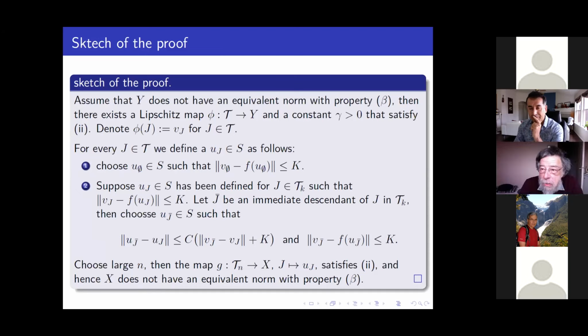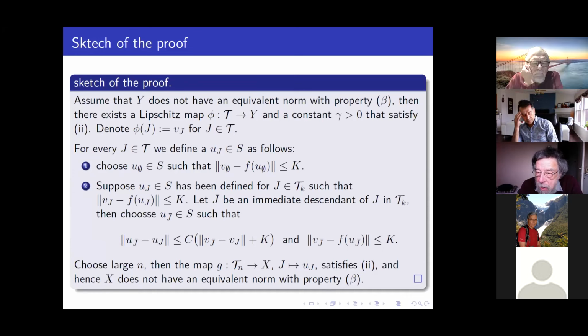Yes, one question, which might actually already be known. I'm not absolutely sure. If you take a reflexive space whose Szlenk index is omega 0, or if you wish, which has an equivalent asymptotically uniformly smooth norm, and another space which coarse Lipschitz embeds into that space, do you have the same property?